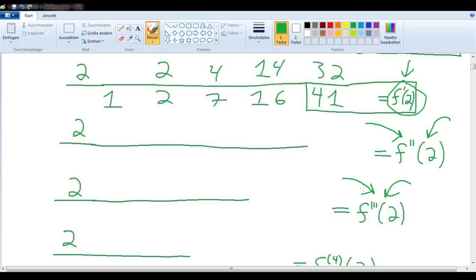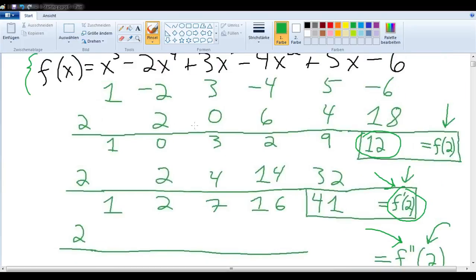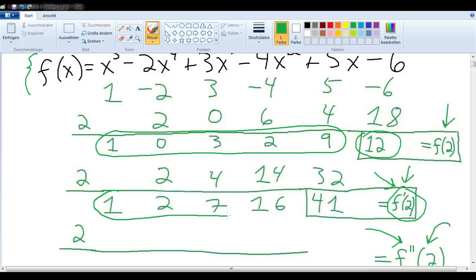Now if we think about the way that we found f prime of 2, namely using this polynomial here, we could suspect that to find the next derivative we could just use this polynomial here. Now why am I calling these polynomials? Because what we did in this first step, of course, was we divided by x minus 2, right?